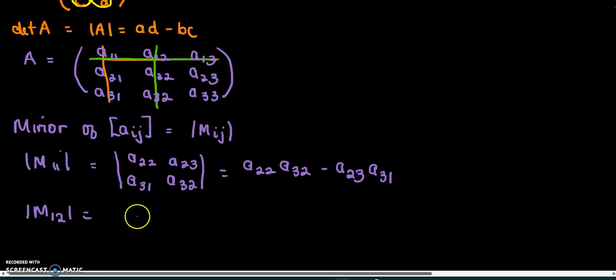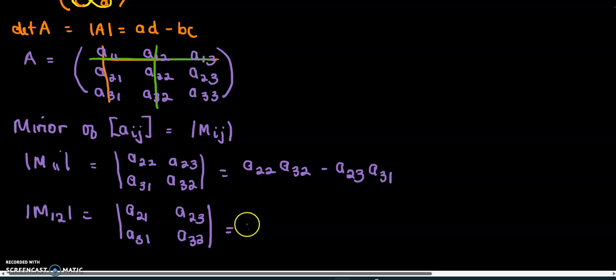We remain with a21, a23, a31, and a33. And the determinant there now is a21 a33 minus a23 a31.